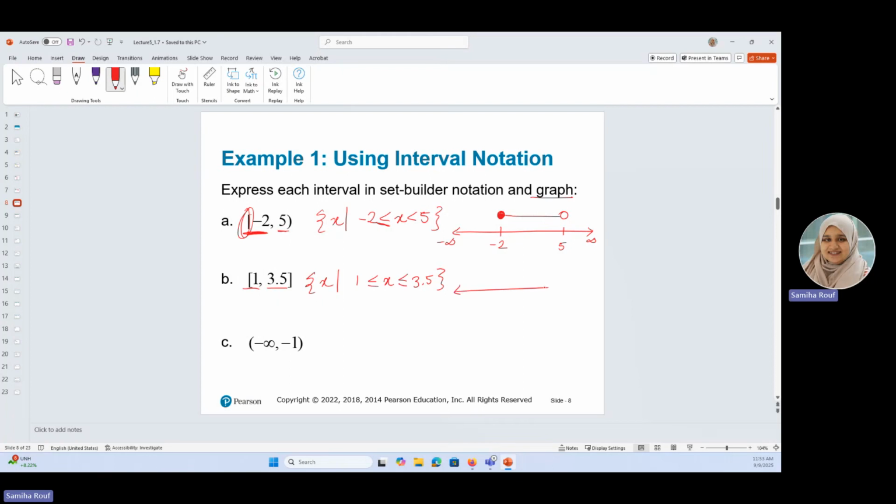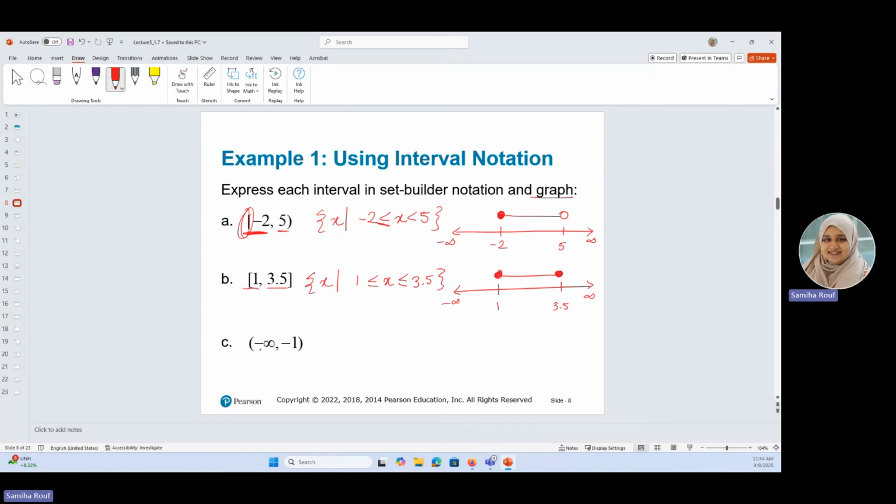Okay, now let's draw the number line. So we're between 1 and 3.5. Both are included. And since I'm between, I combine them by drawing a line.